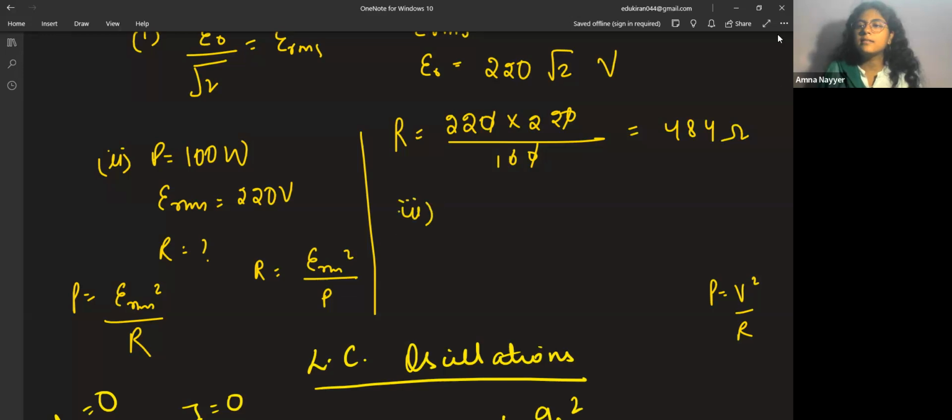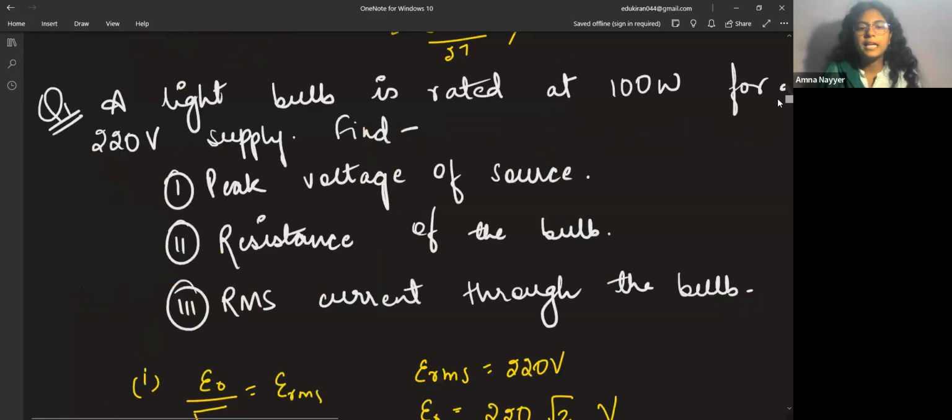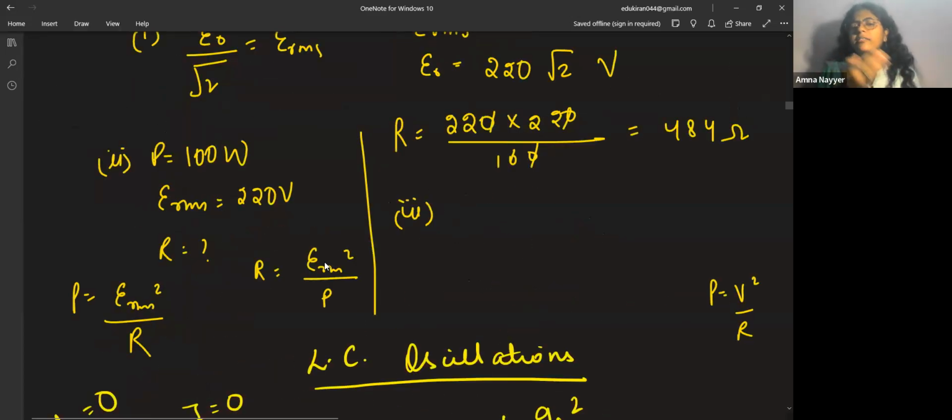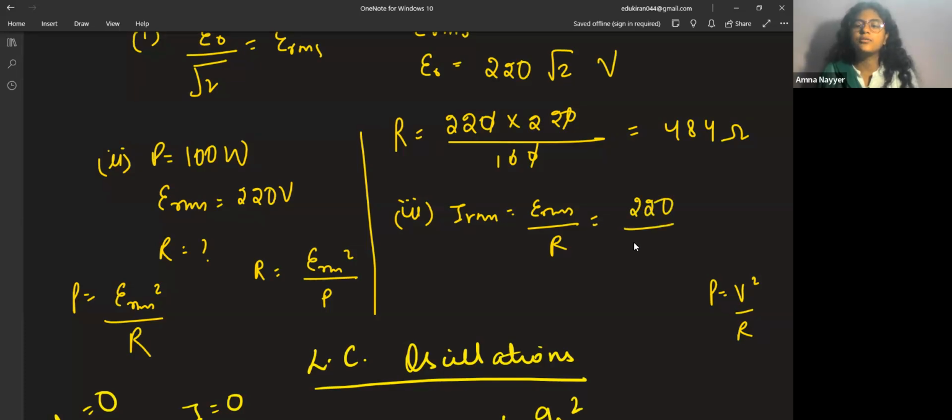The third part says IRMS. See, you have ERMS, you have resistance. IRMS is not a difficult task to find out. IRMS is ERMS by R. ERMS is 220, resistance is 484, amperes. Please just check this answer, whatever it's coming.